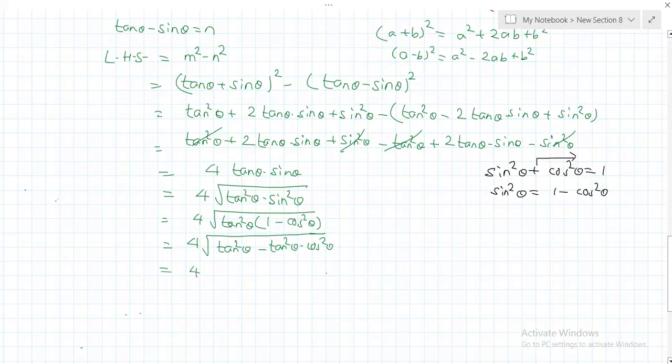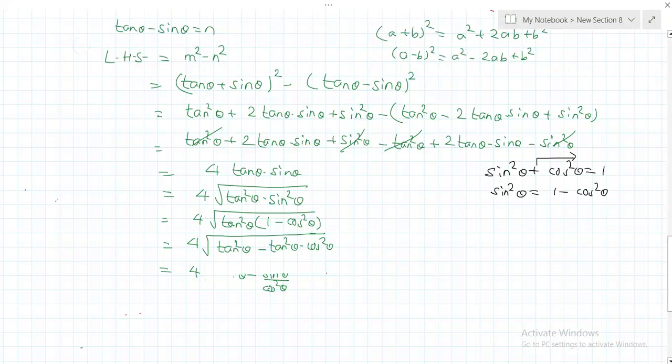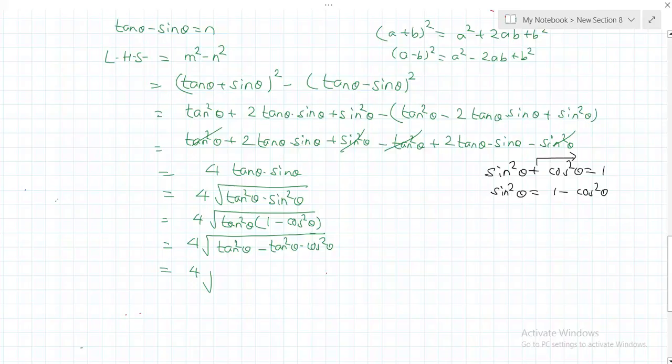Now again 4√(tan²θ − tan²θ cos²θ). Tan²θ means sin²θ by cos²θ, so sin²θ by cos²θ into cos²θ. Then this cos²θ and this cos²θ will be cancelled because there is multiplication. Now what is left here? 4√(tan²θ − sin²θ).